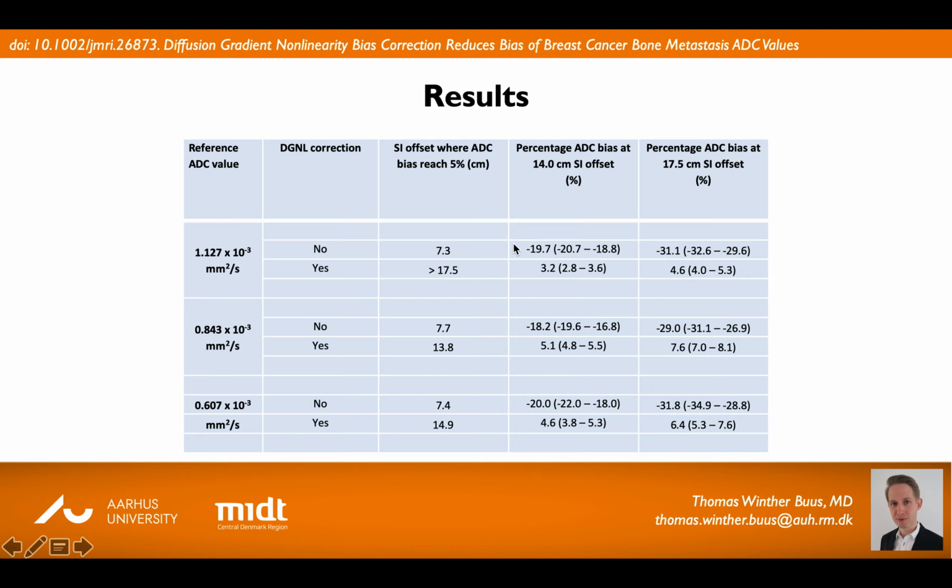We also calculated the SI offset where we reached 5% ADC bias, and as you can see here for the three different polymer solutions, it's around 7.5 centimeters from the SI offset. This means that the station has to be no more than 15 centimeters if we want to have diffusion gradient nonlinearity bias under 5%. After correction, the station could be almost doubled in length.